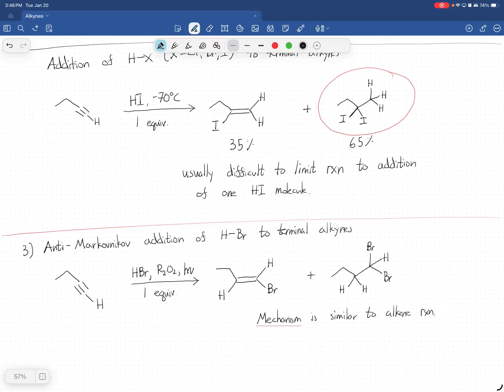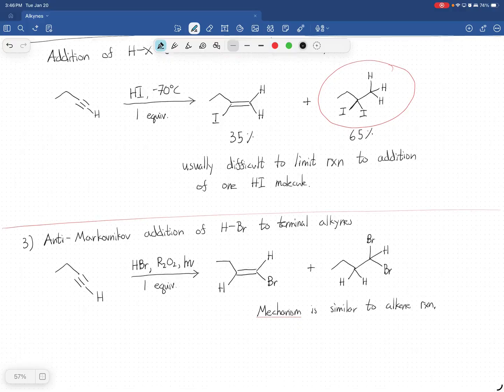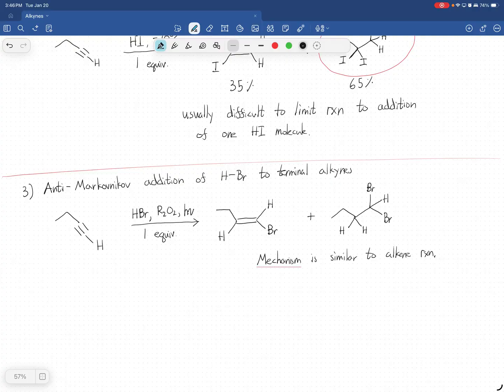So if you need to recall that, please look at the notes when I did the alkene version. Very similar. Don't need to worry about that one. Okay, but the alkyne, the major one here is that the bromine is on the least substituted carbon atom. So it's kind of the opposite of what we saw in our previous examples there. Okay. All right. Any questions so far?